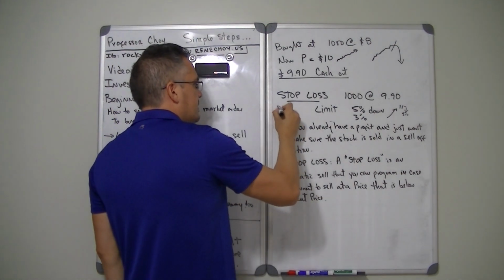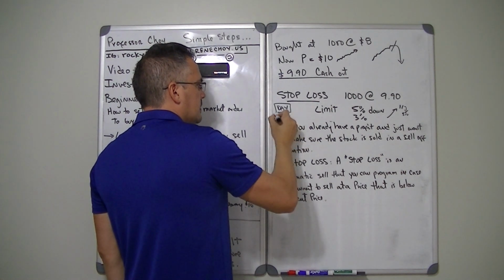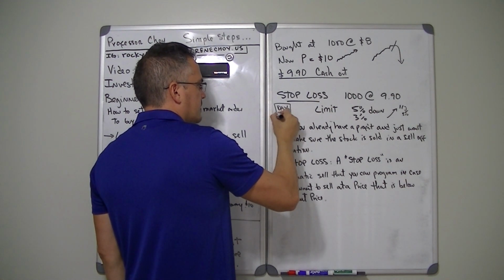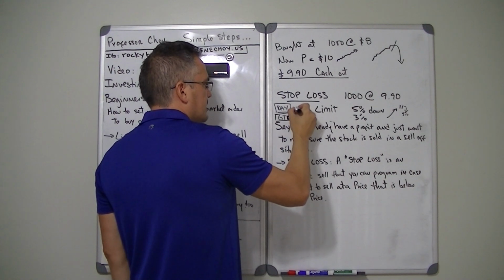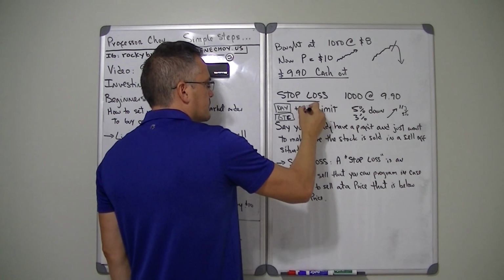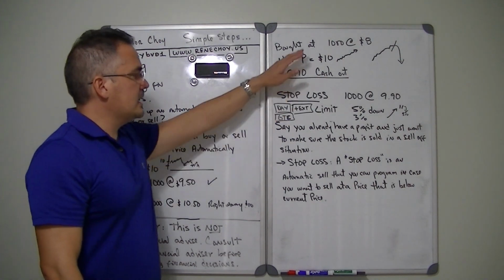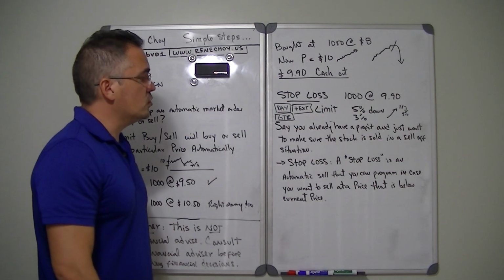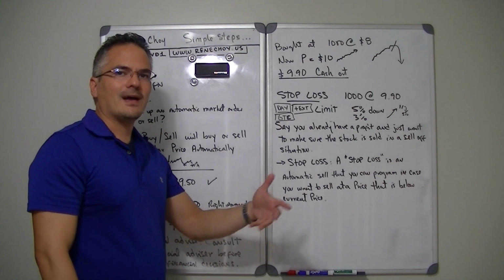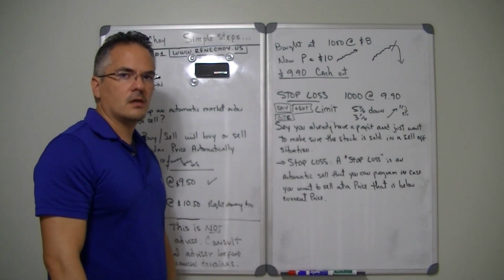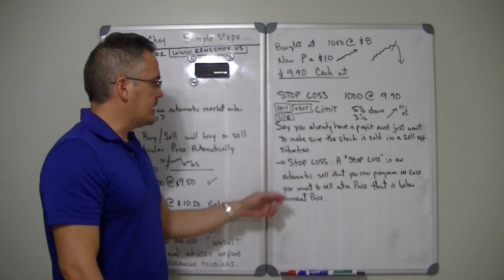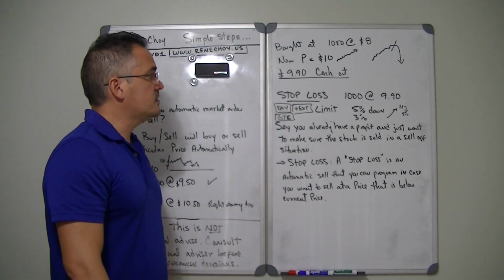So you could set up day as a time period. You could set up GTC, which means, again, good till cancel. You could set up day plus extended hours. And you could set up all these automatic ways to stop a particular stock from losing you money. And that's what we call a stop loss.